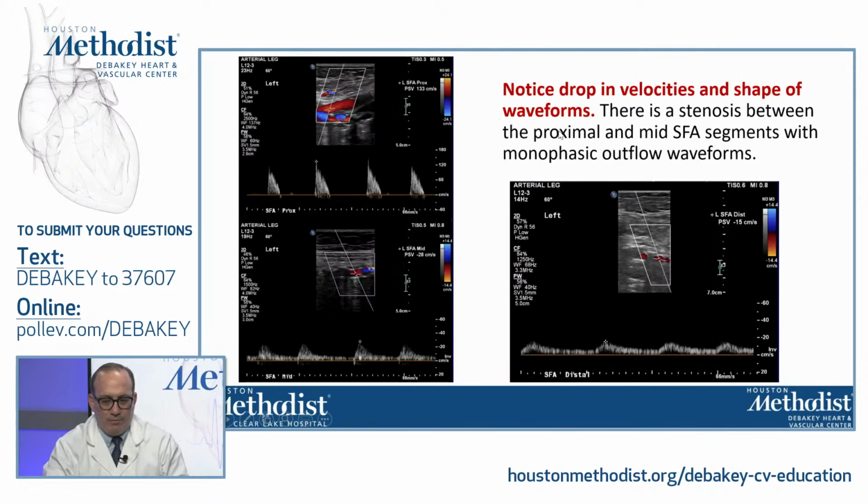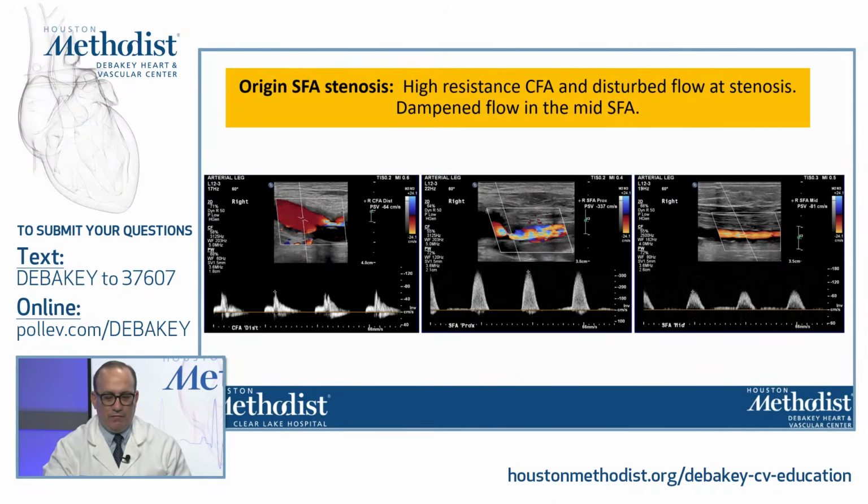Here's another example. There's a drop in velocity and in the shape of the waveform as we progress down the SFA. So this is the proximal SFA. Mid SFA, you see high resistance waveforms because you don't see a diastolic component. So there's probably an area of severe stenosis or occlusion. And then this is adjacent, so the stenosis or occlusion will be where my cursor is. Okay? There's some reconstitution of flow, and then there's significant distal SFA waveform, low velocity waveforms, monophasic waveforms, low resistance waveforms.